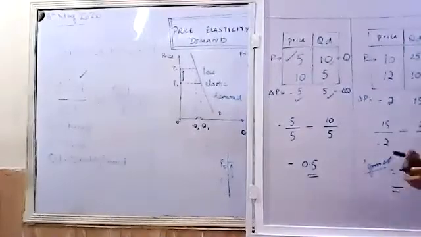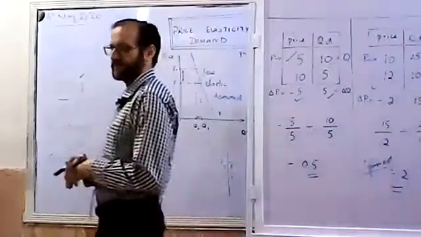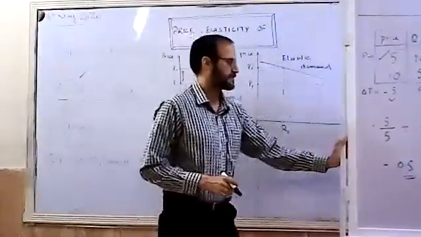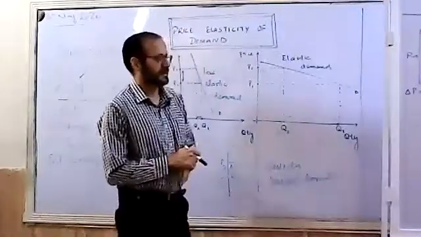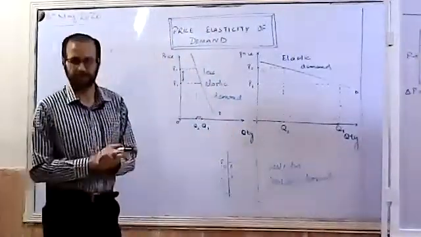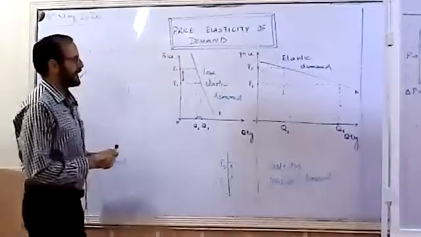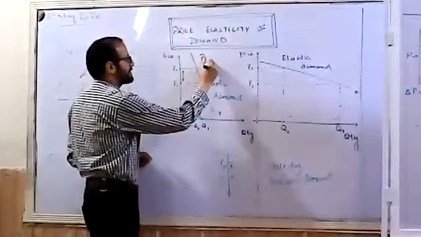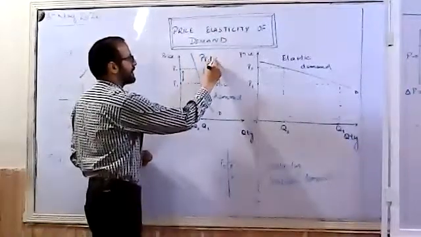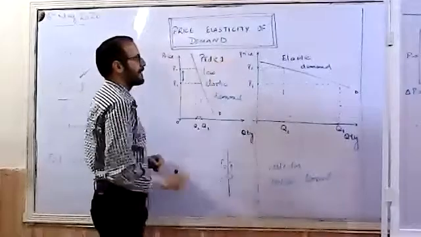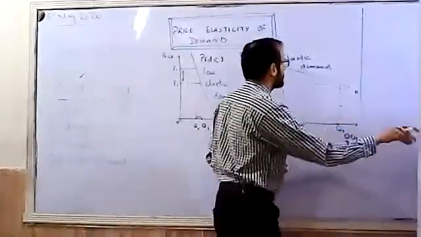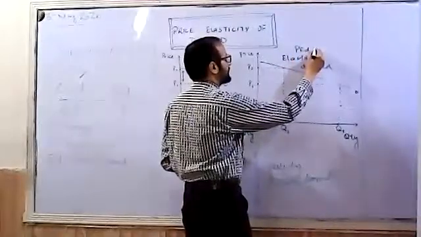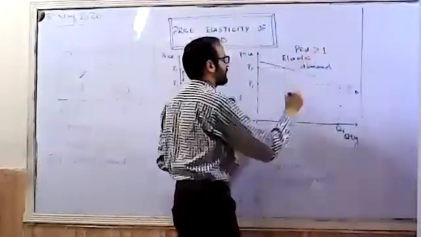So can you guess, is it elastic or inelastic? Yes, it is elastic. And an elastic curve is the one where the answer is greater than 1. So for less elastic, we could also say that the price elasticity of demand is less than 1. But in an elastic demand curve, the price elasticity of demand is greater than 1.